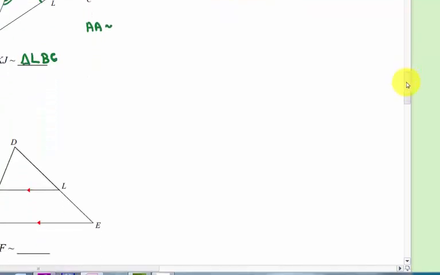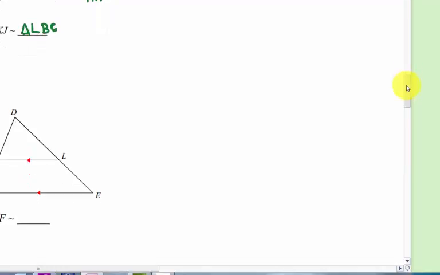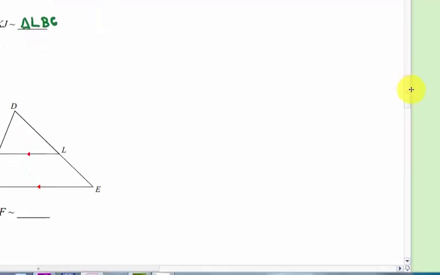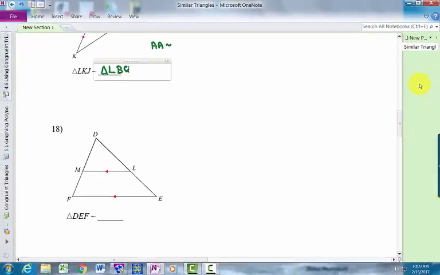Let's go down to number 18. So you can copy that one. All right, so you may notice in this one, this is actually a very classic example of similar triangles. You will see this a lot. You'll see a triangle within a triangle, and then you'll have this little parallel line right in here.